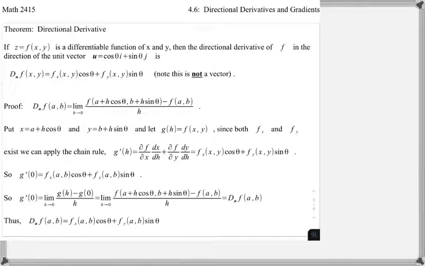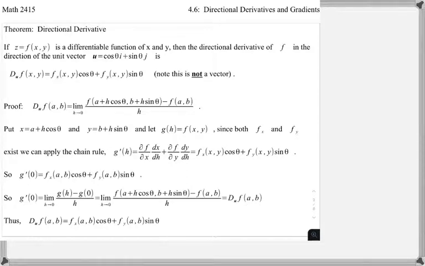If z equals f of x, y is a differentiable function of x and y, then the directional derivative of f in the direction of the unit vector u, which is equal to cosine theta i plus sine theta j, is equal to the partial derivative of f with respect to x times cosine theta, plus the partial derivative of f with respect to y times sine theta. Note, this is not a vector. This is going to be a scalar.